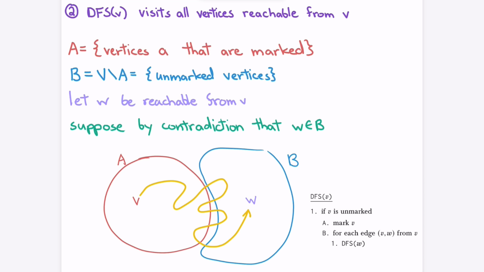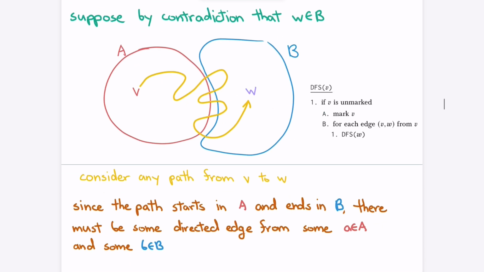So there must have been some vertex, some directed edge from A to B, where A is marked and B is unmarked, just because the path starts in marked land and ends in unmarked land. So that means there's some directed edge from A to B that's going from marked to unmarked. And now what's the problem?